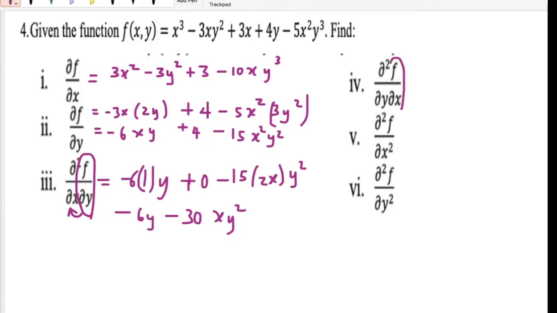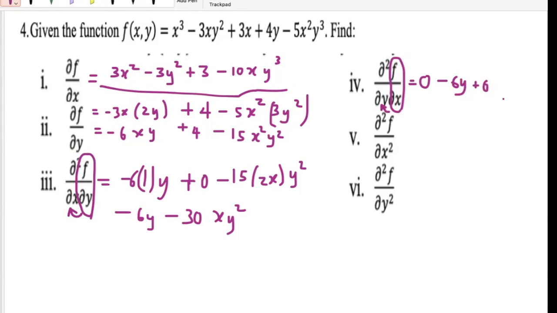This one I'm differentiating with respect to x. I'm looking for the one that has the derivative with respect to x and differentiate with respect to y. So in other words, this is it. And I am now going to differentiate my y variable. So this would be 0. Differentiate 3y minus 3y squared. That's minus 6y. 3 would be 0.